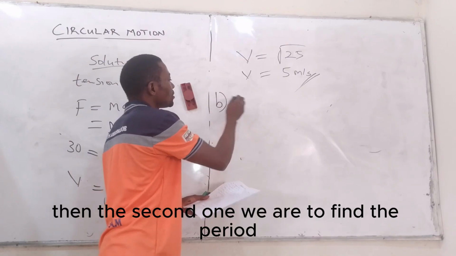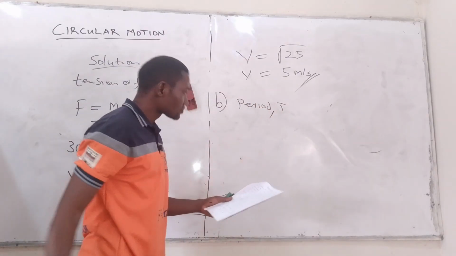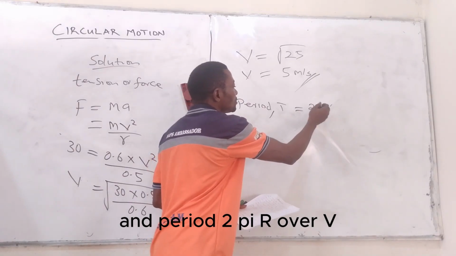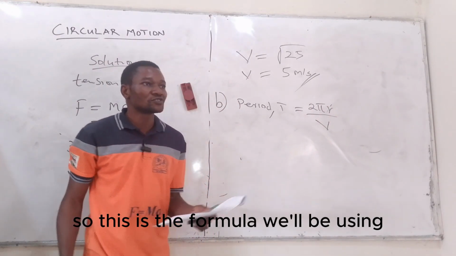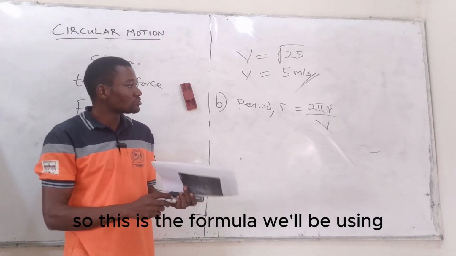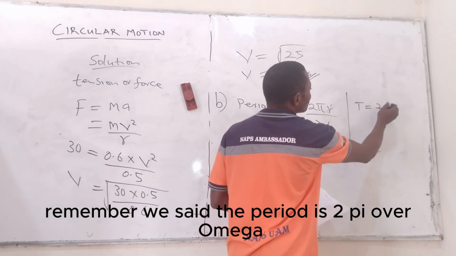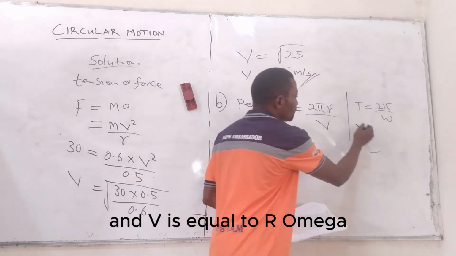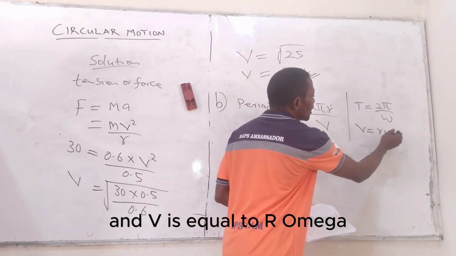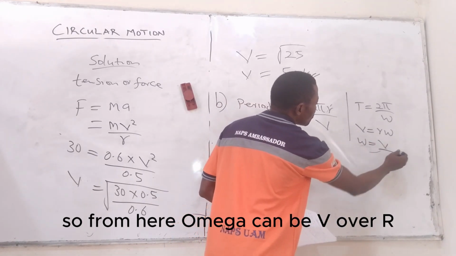Then the second one, we are to find the period. The period is 2 pi r over v. So this is the formula we'll be using. Remember, we said the period is 2 pi over omega, and v is equal to r omega. So from here, omega is v over r.